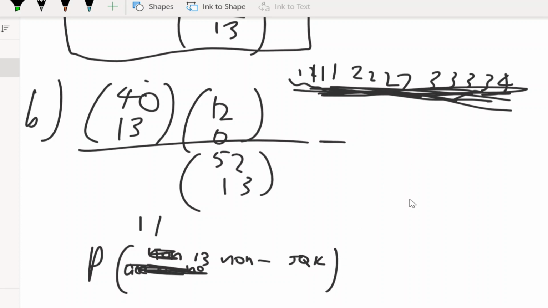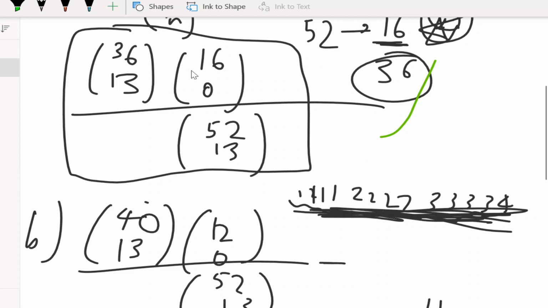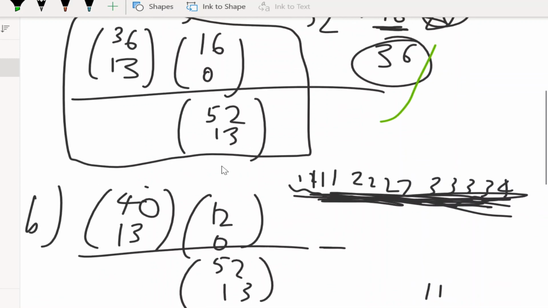And we'll say now we want P of non ace, jack, queen, king. We want to remove the possibility of having non-face cards, which is what's happening here. So you'll notice that that's actually exactly what we calculated here. So all we have to do is subtract our answer from part A.